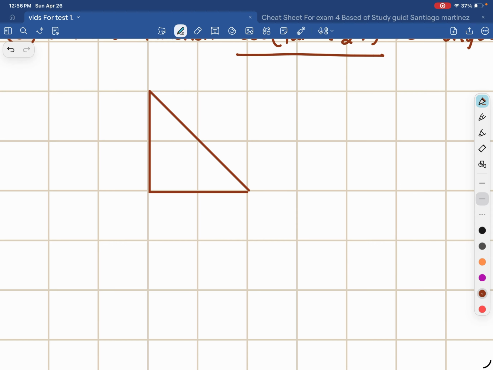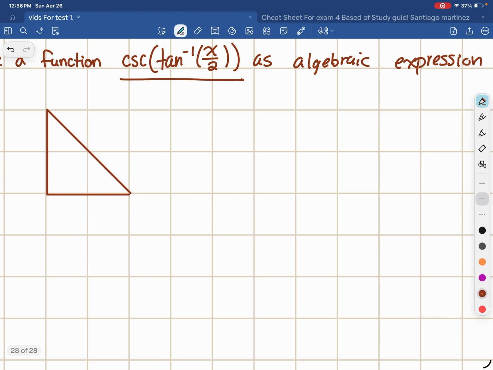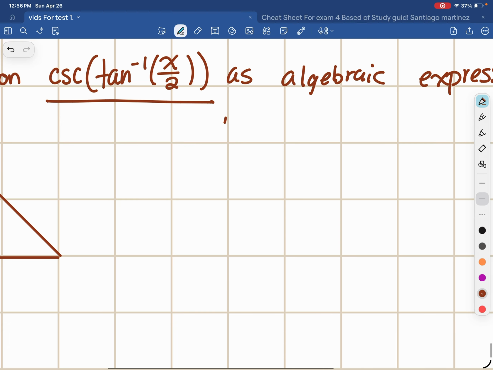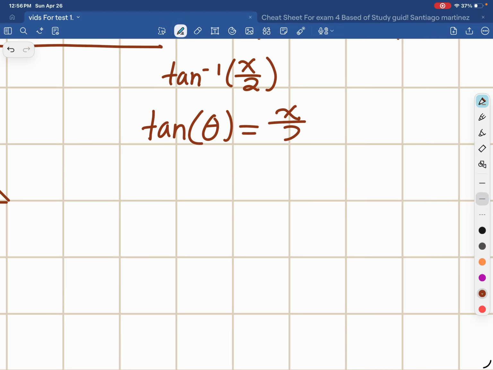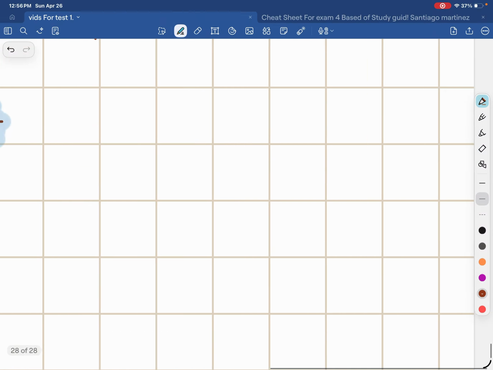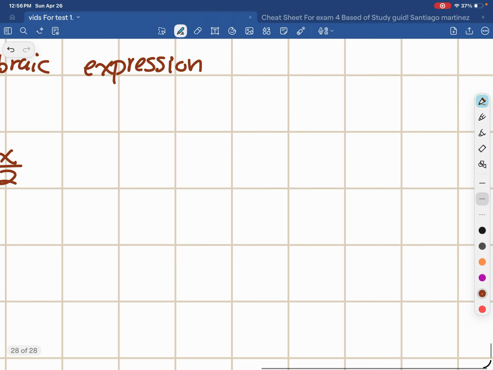Let's analyze the first part: inverse tangent of x over 2. We can simply write that as tangent of what angle gives us x over 2. This is where a term you should know comes in, called SOHCAHTOA.